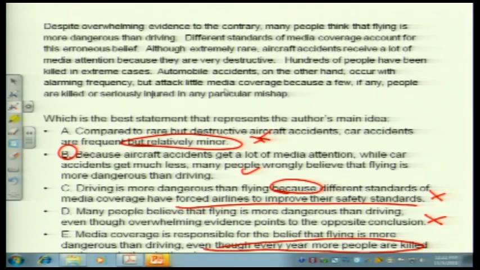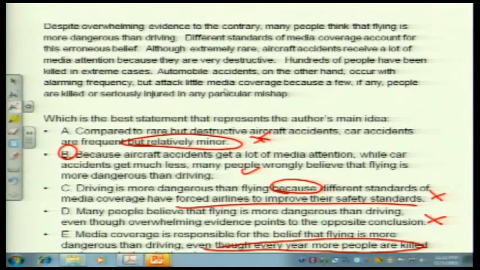Right. So there's no conclusion being drawn by the author. That's my point, that there's no conclusion being drawn whether flying or driving is more dangerous, okay? Because what the media does is only direct people's attention to the news. But here, some conclusion is being drawn here, right?